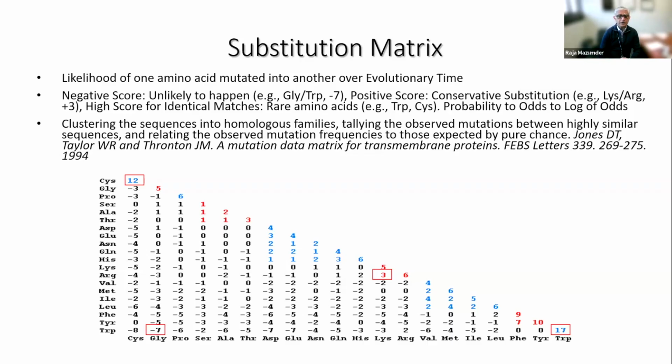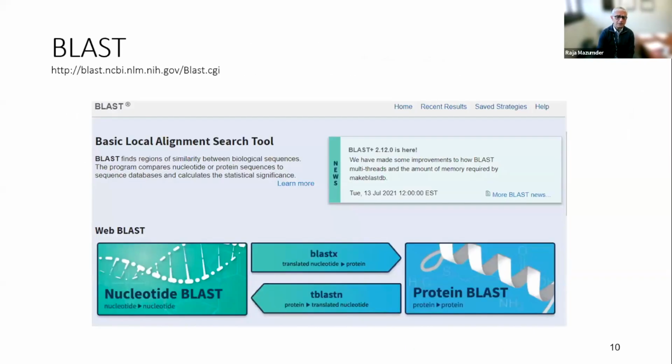Janet Thornton, who recently retired, and others have some amazing publications, and this publication, a mutation data matrix for transmembrane proteins, which came out in 1994, is a great read to understand how people do this kind of analysis.